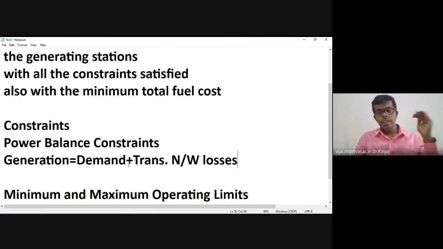So the power has to travel 200 kilometers to your house through your substation. So definitely there will be some transmission network losses. Without them, it would not be possible.